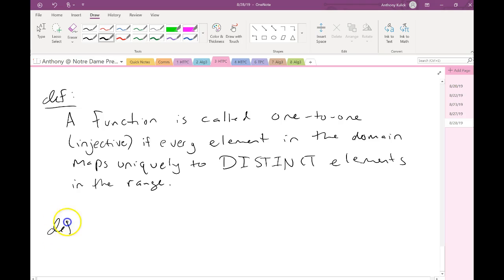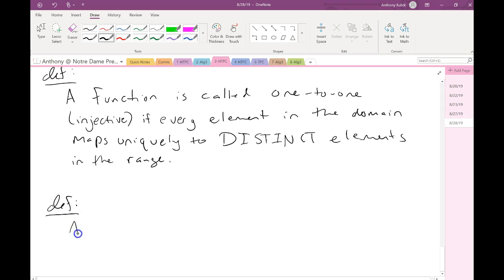Definition 3. This one's not very complicated.